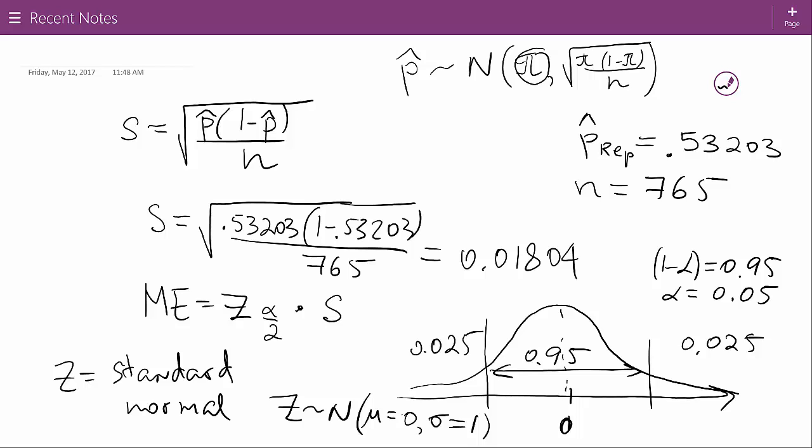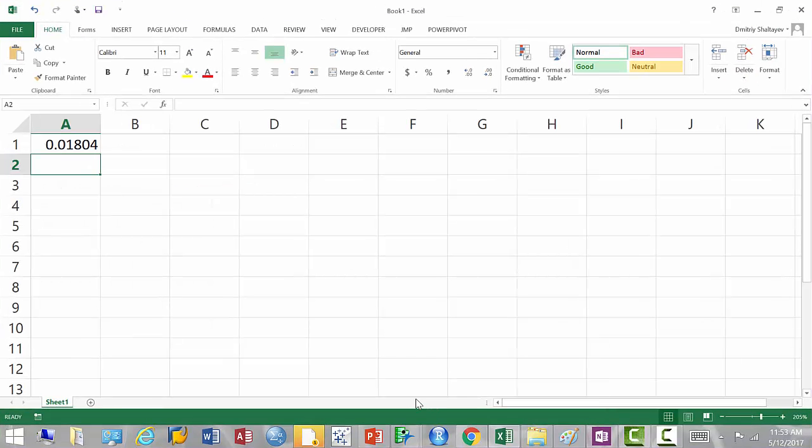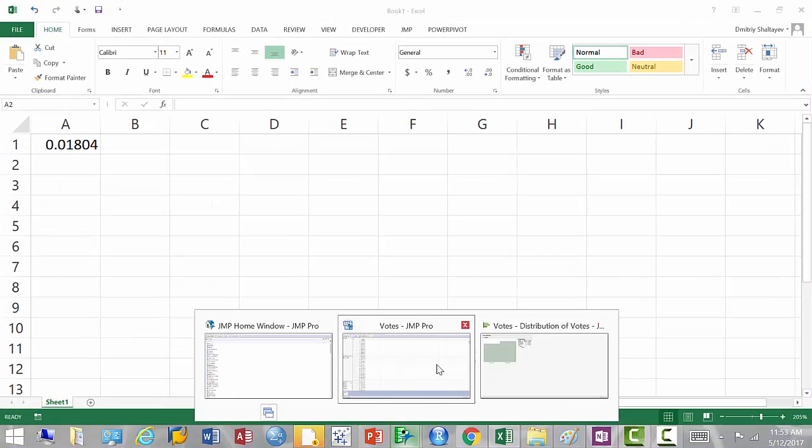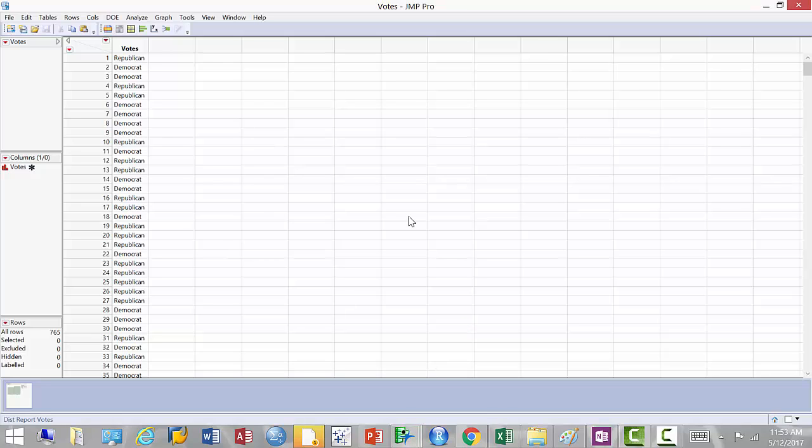So I'm looking for Z with the subscript 0.025. That gives me 2.5% in the right tail of the distribution. So let's go back to JMP. There it is. I need to call up again the probability distribution calculator.